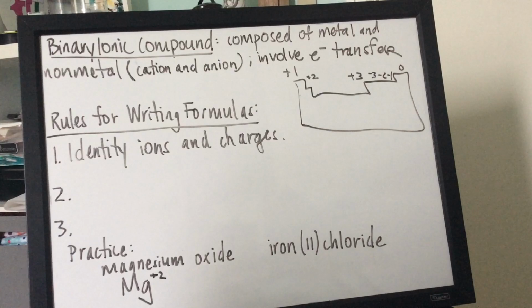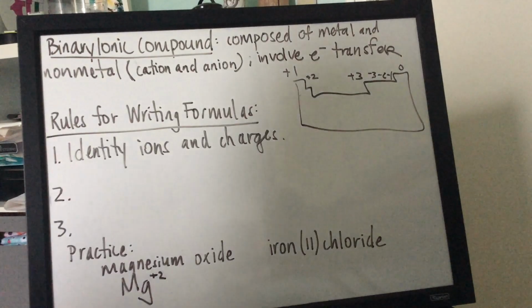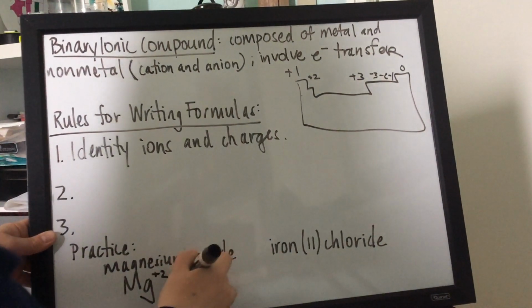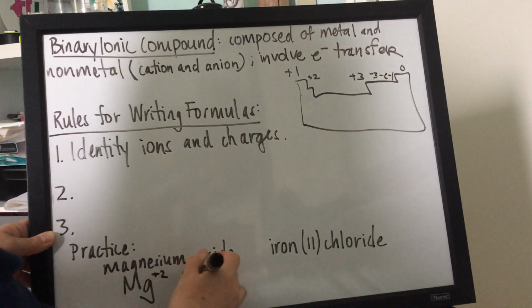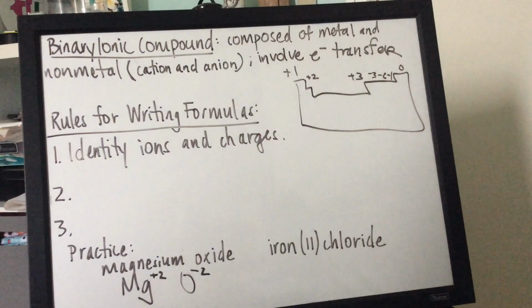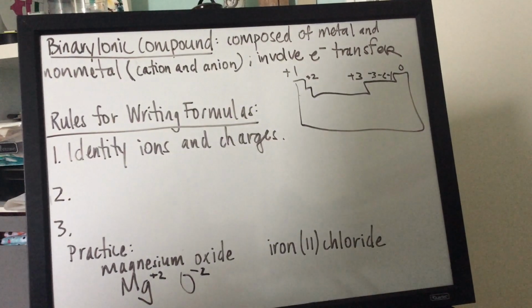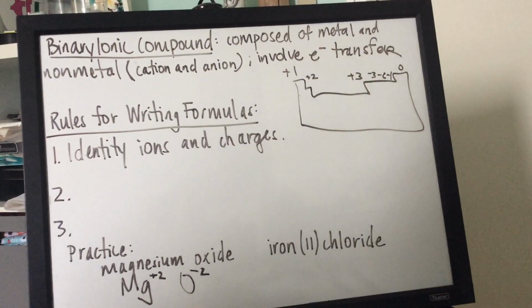Now, oxide is not on your table, but that's just oxygen, and there's a reason why its name has been changed, which we will cover very shortly. So oxide is just oxygen, so I look up oxygen. Oxygen is O, and oxygen is -2. So magnesium +2 and O -2.